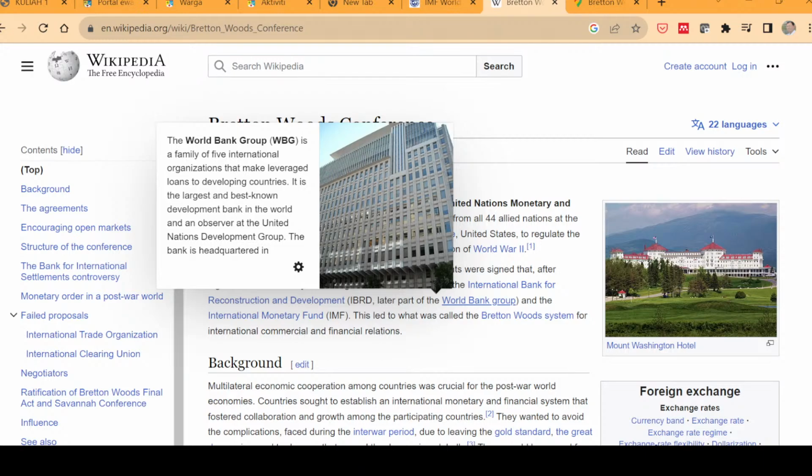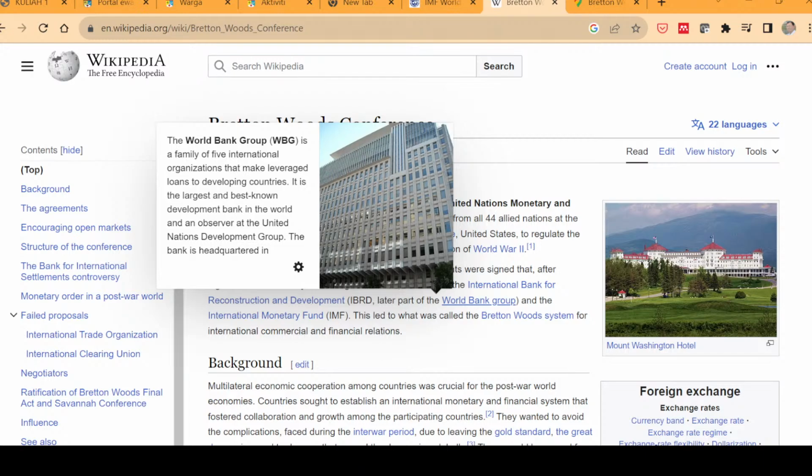Well, there was no such son. The name changed from IBRD to World Bank, but the IBRD still exists until today as a unit under the World Bank. And so the result of the Bretton Woods Conference was the creation of the World Bank and IMF that we have today.